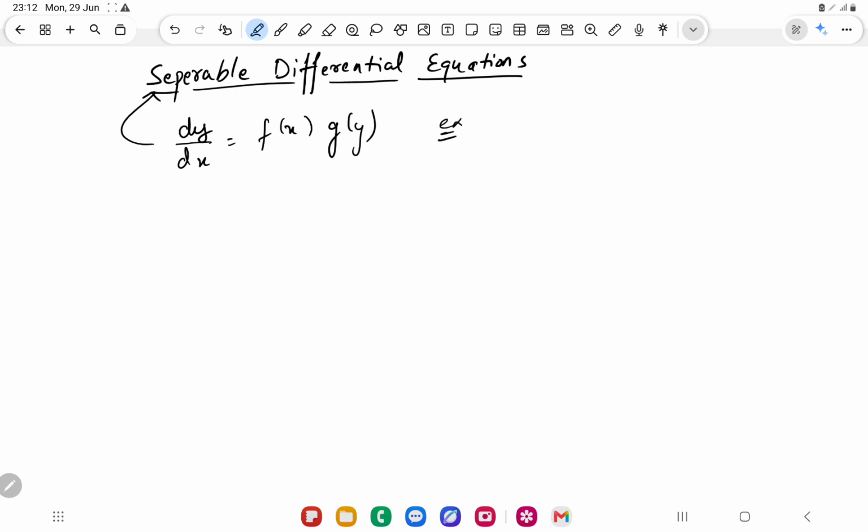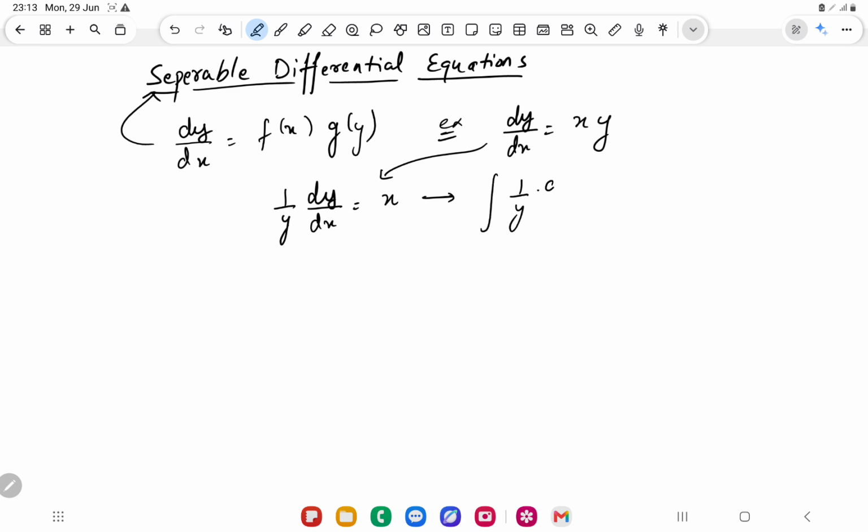For example, I can write dy by dx equals to x into y. So how will you solve this? We will first separate the variables. When I separate the variables, I can write 1 upon y dy by dx is equals to x. Now I can integrate both sides.